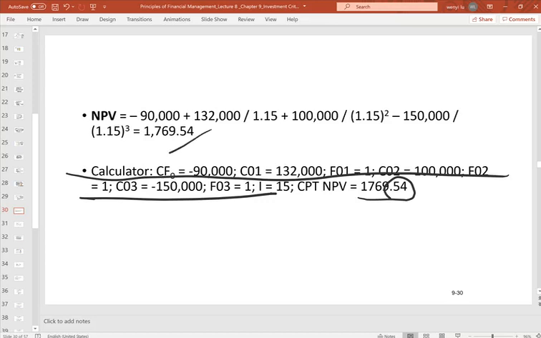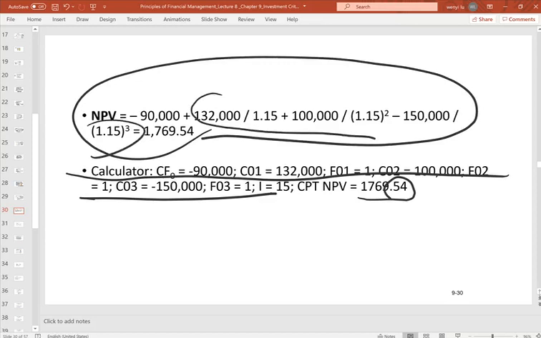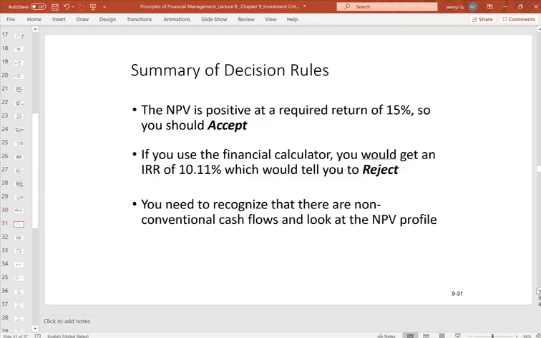Or you can use the NPV formula: you discount all the future cash flows, minus the initial cost, which gives the NPV. Either use the formula or use the calculator, and you can get the same number for NPV, 1769.54. Please write this down on your paper.